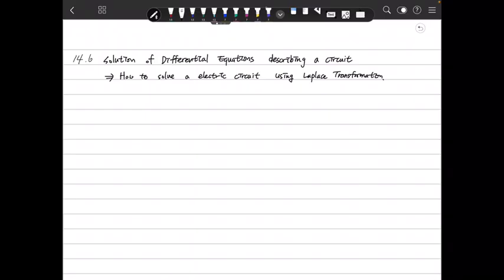So this is the process to solve a circuit using Laplace transform.